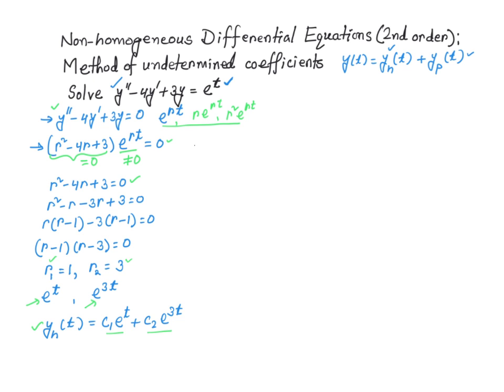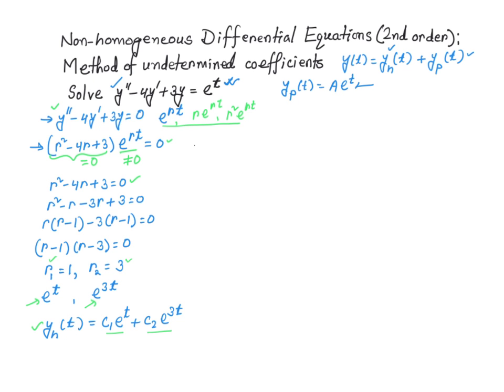Now let's make some assumptions on the solution to the non-homogeneous part of the equation, when we have e to the power t on the right hand side. So let's say I assume my particular solution, y sub p of t, is equal to a times e to the power t.